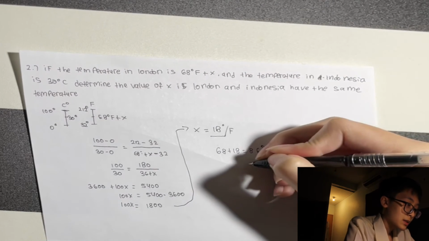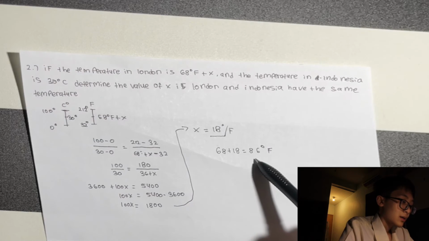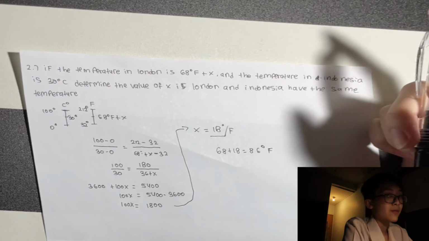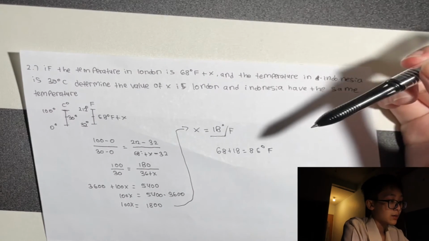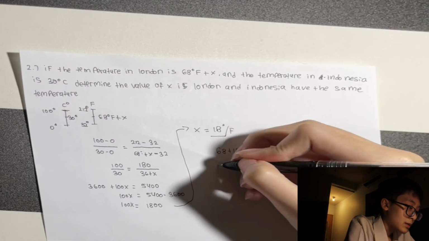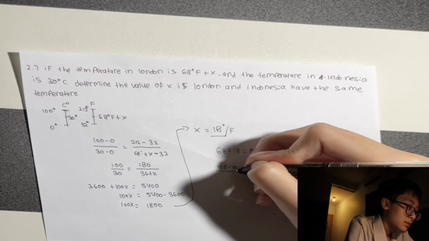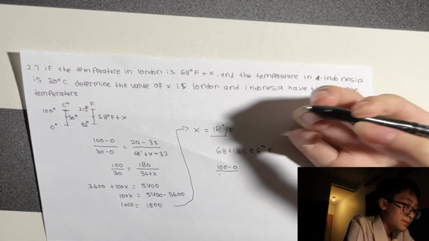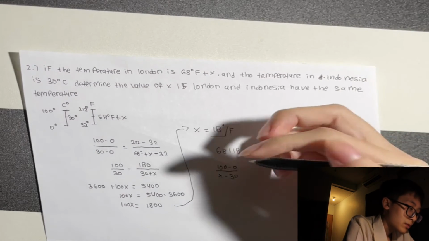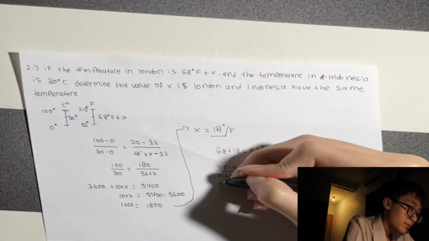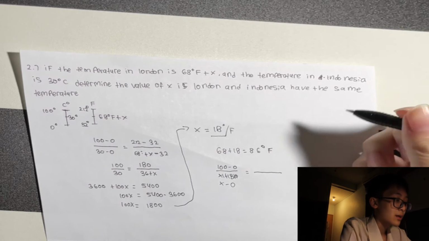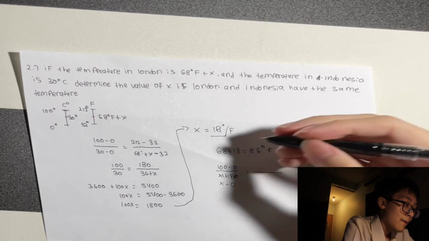Let's see if we convert 86 Fahrenheit to Celsius. Is it 30 degrees Celsius? If it is 30 degrees Celsius, it means our answer is correct. Let's go. 100 minus 0, x minus 0. We're here to find the value of Celsius if the temperature is 86 degrees Fahrenheit.